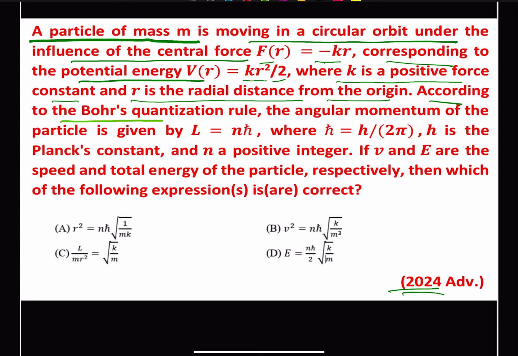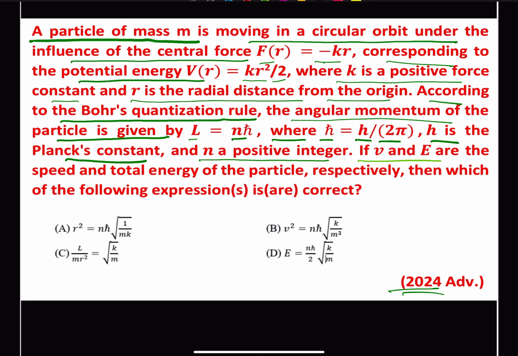According to Bohr's quantization rule, the angular momentum of the particle is given by L is equal to n times h-bar, the Bohr quantization, where h-bar is equal to h upon 2 pi. h is the Planck's constant and n is a positive integer.